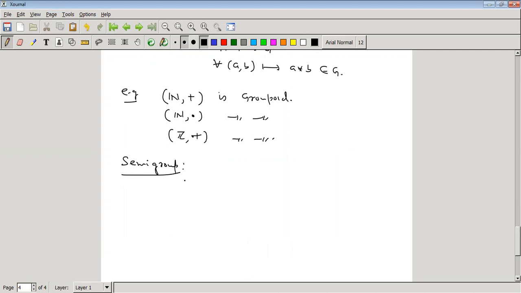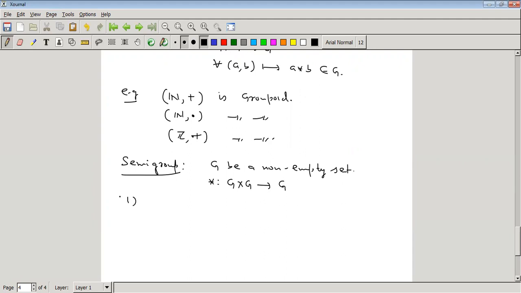Now, second is semi-group. Let G be a non-empty set, and star is a binary operation from G cross G to G. It is given that this is a binary operation. Now, if it is given, then it satisfies the closure property, no need to write.